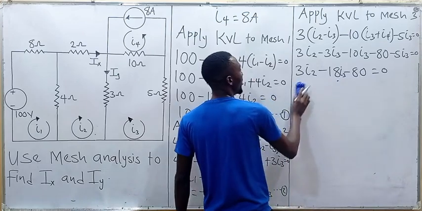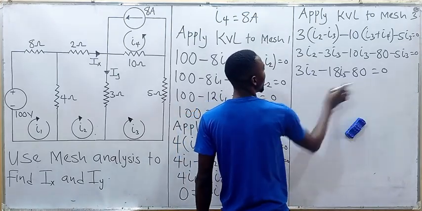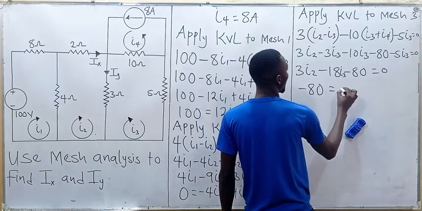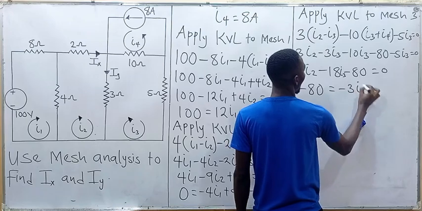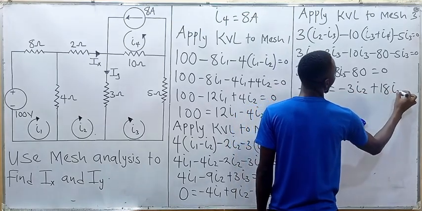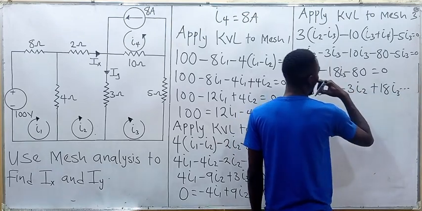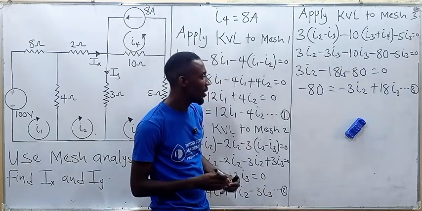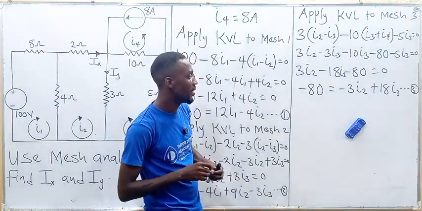Okay, sorry. Let's just leave 80 to be here. So -80 will be equals to -3I2, then plus 18I3. This will be equation number 3. I hope this is clear, right?